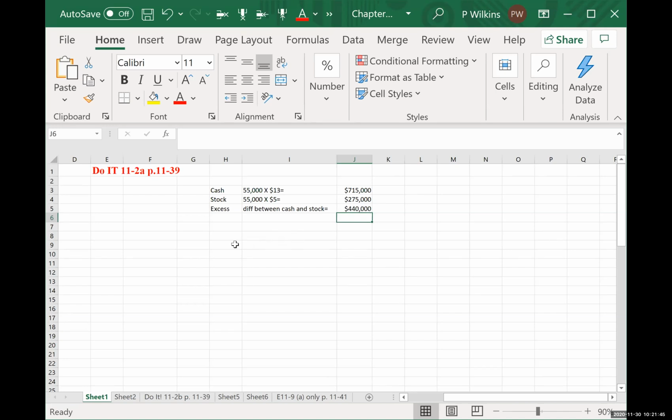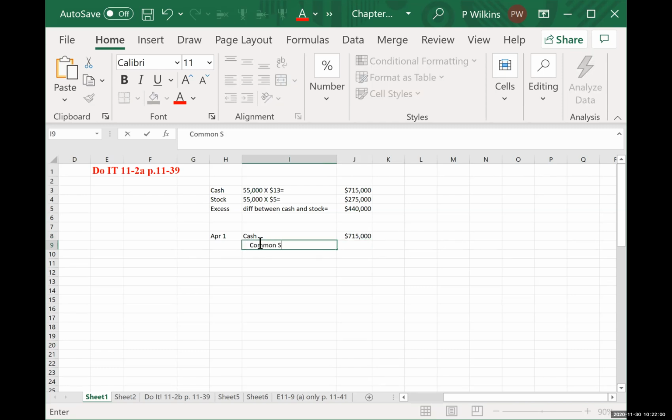So in order to do this entry on April 1, we are going to debit cash, $715,000. We're going to credit common stock, and we're crediting common stock $275,000. We already did the math above, right? And then we're going to credit paid in capital in excess of par value, common stock.